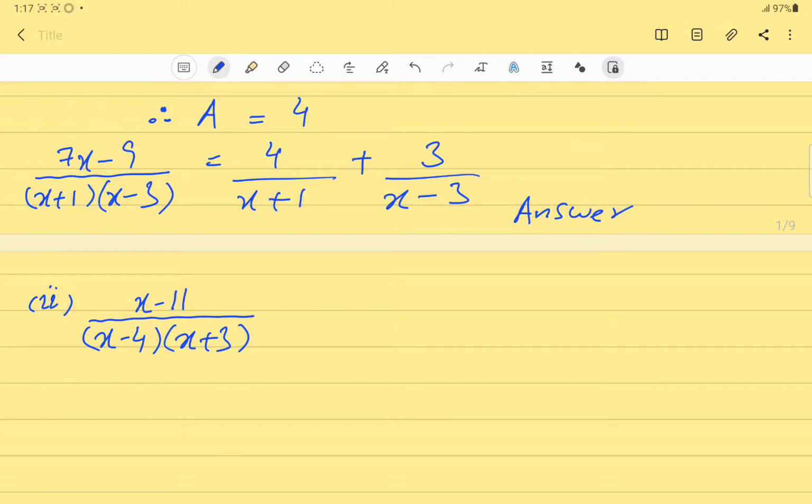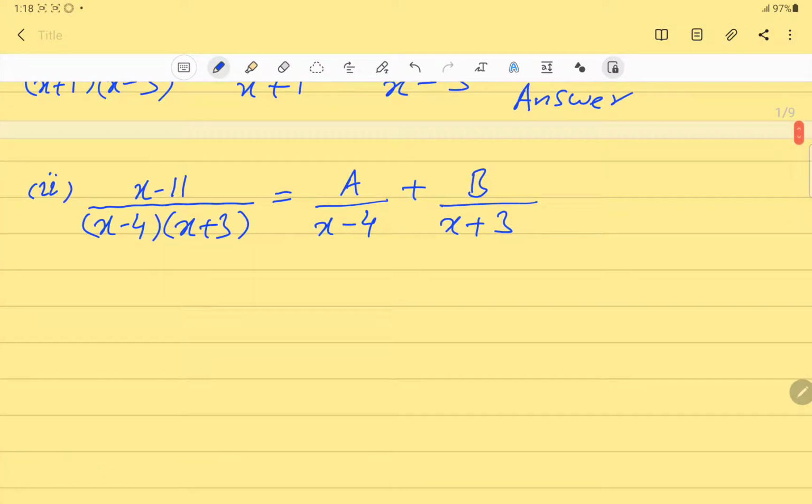It is a proper fraction, so we can go ahead with making the partial fraction. Since we have linear factors in the denominator, we just have to write the variable only. So it will be a over x minus 4 plus b over x plus 3.